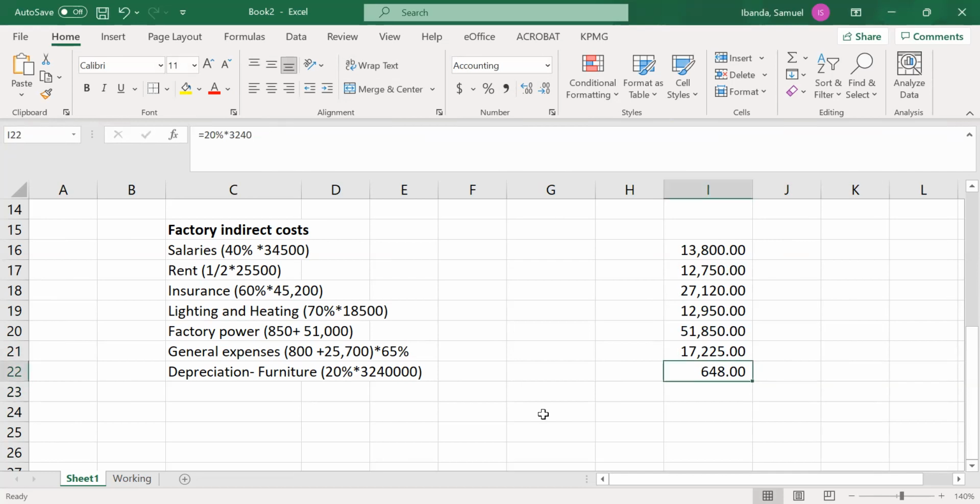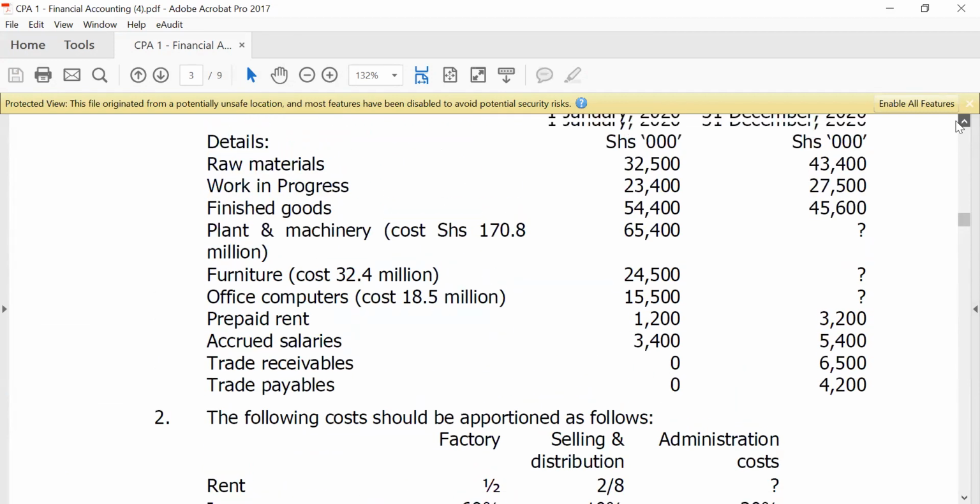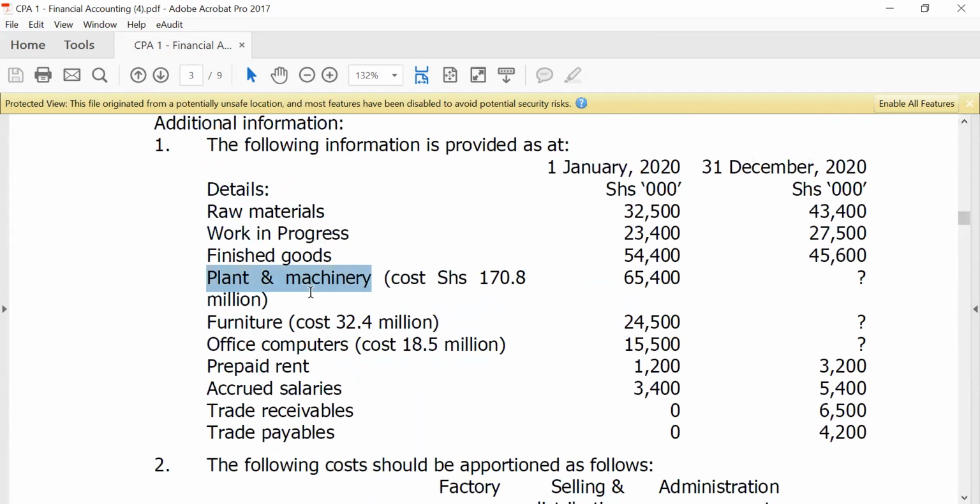Now, since they have not talked about the other depreciation, when you look here, they have only talked of depreciation of furniture. So we have only depreciated furniture here, but then I want to look at something here. We have the plant and machinery. Now, as for plant and machinery, they have not included it in the distribution.